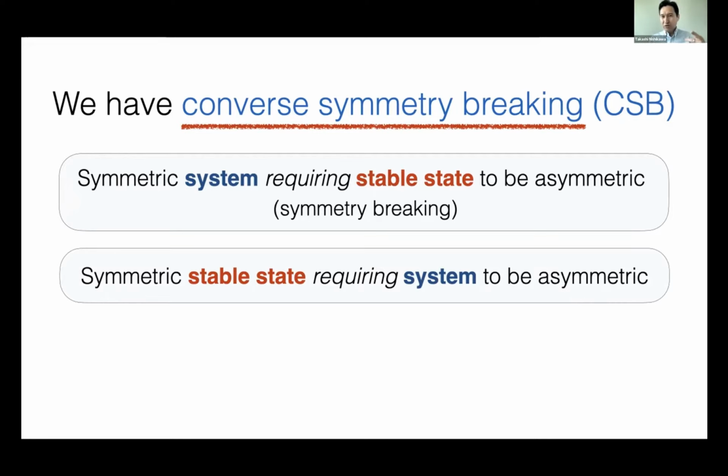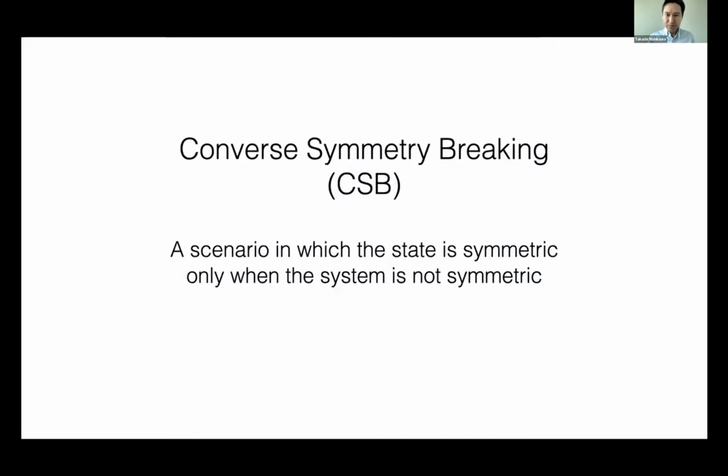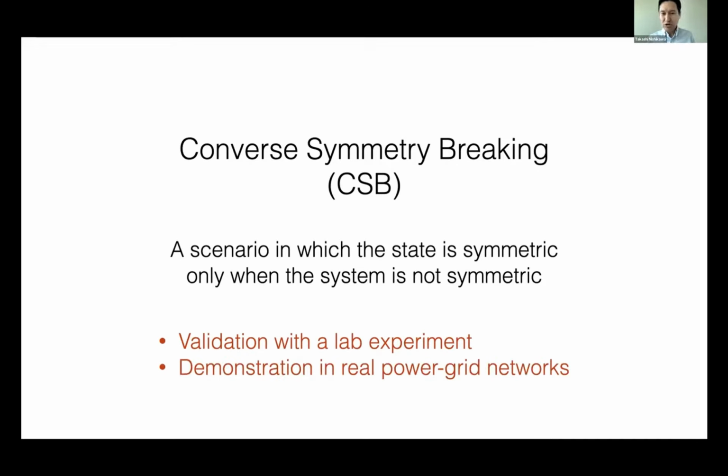So you see how the roles of the state and the system are reversed, and that's why we call this converse symmetry breaking. I'm going to show you a validation of this phenomenon in a lab experiment, and also some demonstration in real-world power grids.